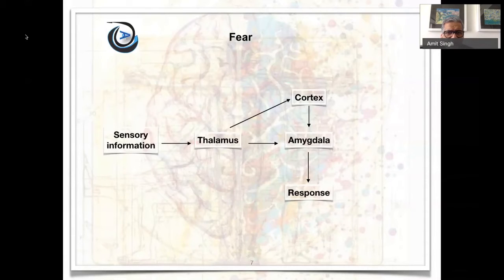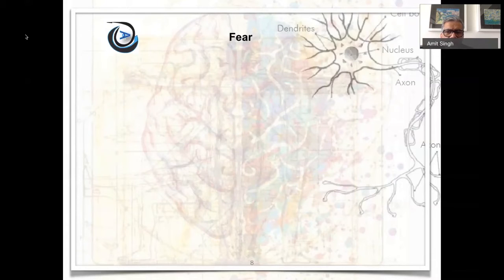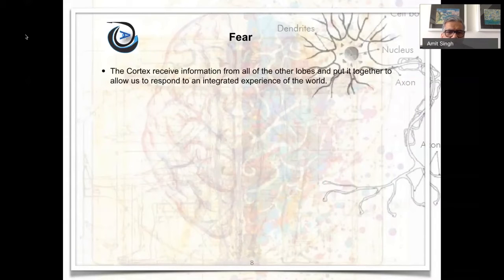The moment the doctor held his hand out, the association came back. She withdrew immediately. Why did she withdraw immediately? Because the moment the doctor held his hand out, amygdala connected with the response and the emotions of the previous meeting. So even though cortex did not remember, amygdala remembered, and the response was generated. Fear. The cortex receives information from all lobes and puts it together to allow us to respond to an integrated experience of the world.